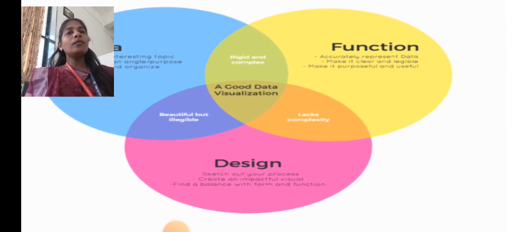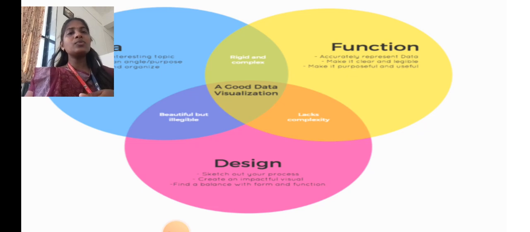It is a collaboration of data collecting and data functioning. After collecting these two, only then can we form a good data visualization. The third one is design. Here we have to manipulate the entire design over the data.